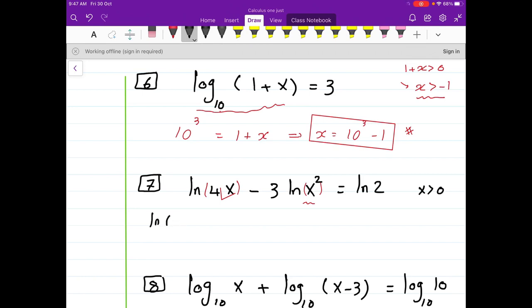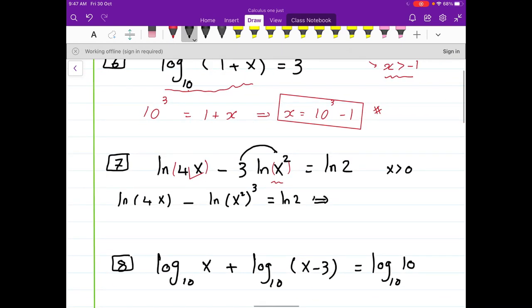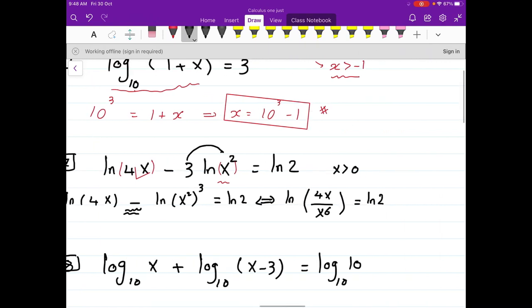ln 4x minus 3 ln x squared... equals ln 2. According to the properties we discussed, this is equivalent to ln of 4x divided by x squared to the power 3, x to the power 6, equals ln 2.